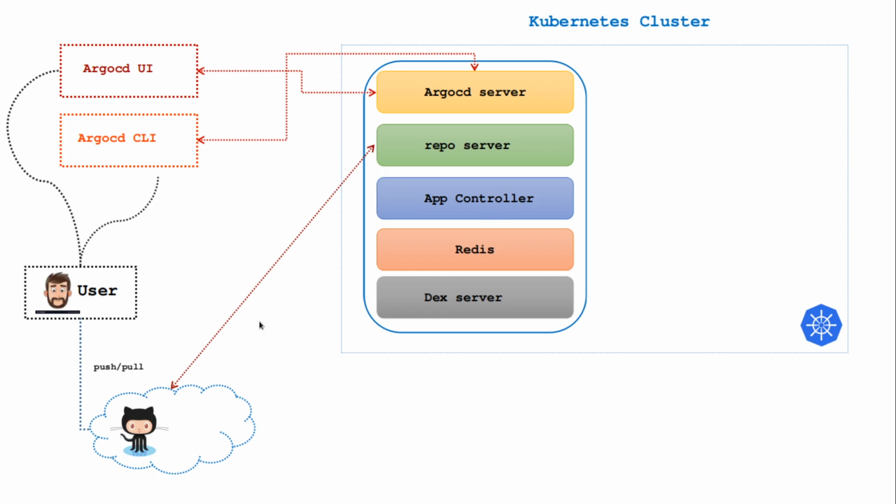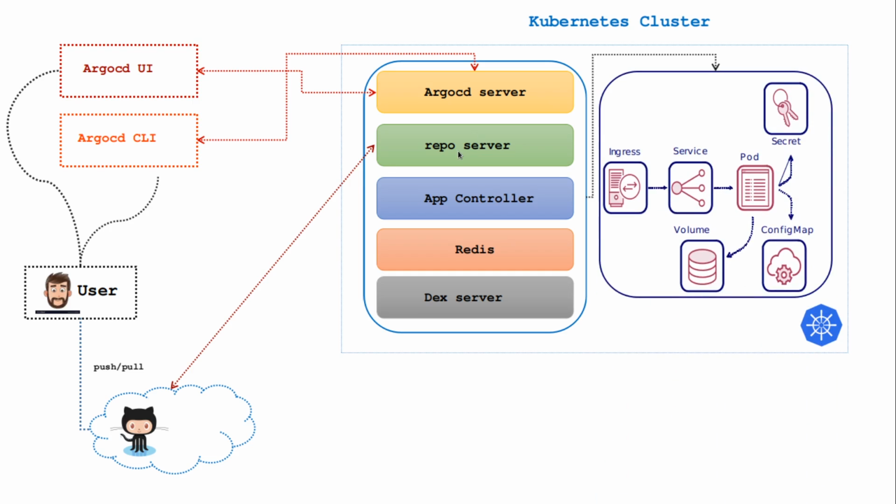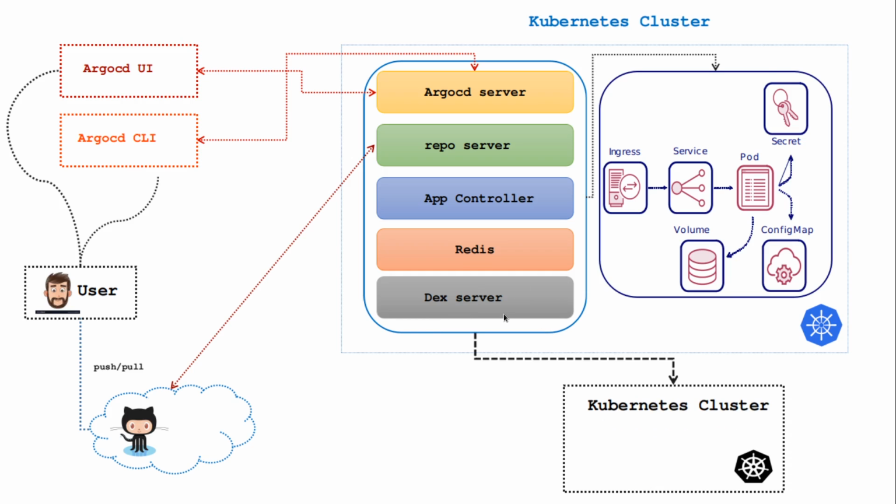If something is different, the repo server will apply a change and create the Kubernetes objects like ingress, service, pod for our application, volume for persistent data, config map to save some key-value data, and secret to save sensitive data. Also, Argo CD can create objects in another Kubernetes cluster.